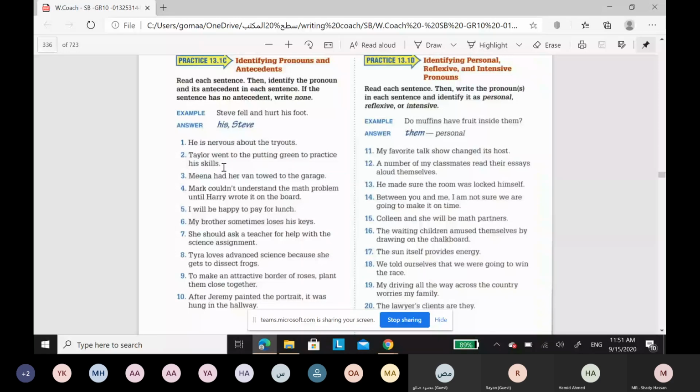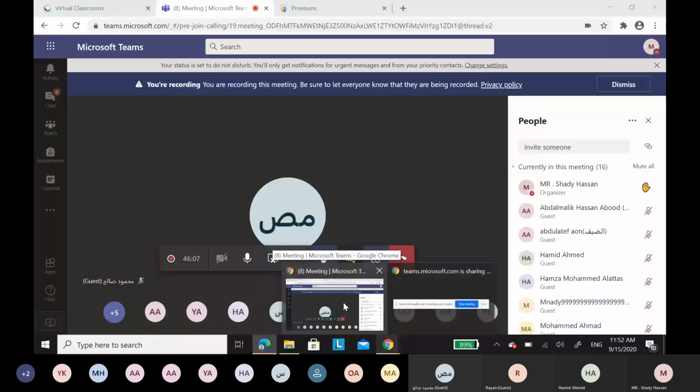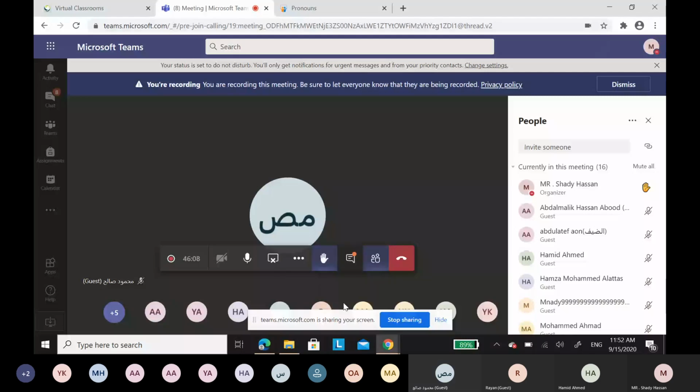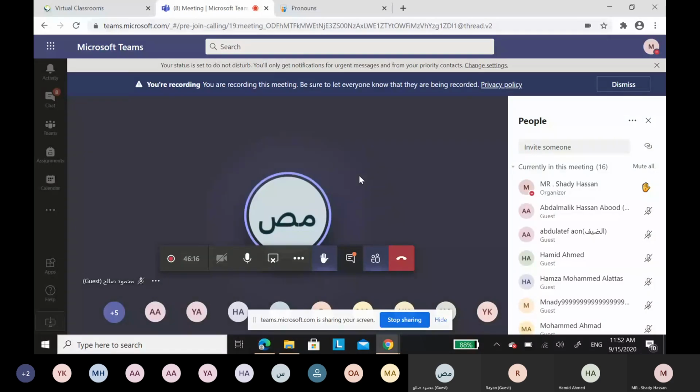Question number 2. Taylor went to the putting green to practice his skills. Who can tell me what the pronoun is in here? "His" is the pronoun. Omar, great.